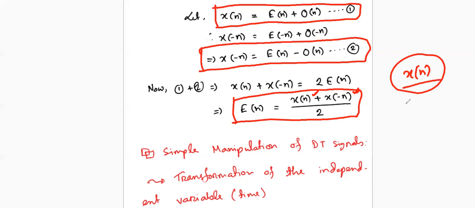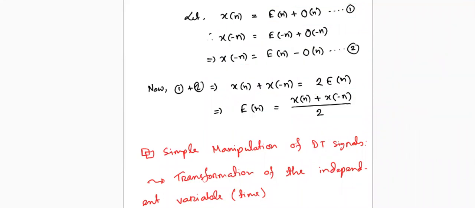You will draw x of n, you will draw x of minus n. Then adding those two signals and dividing by 2 will give you the sequence of even symmetry, the even signal. Similarly, you can also find the odd symmetry signal. You can make a combination of these two equations, and using these two equations you can also find the value of the odd symmetry part.